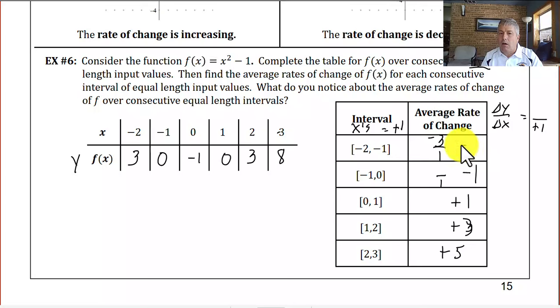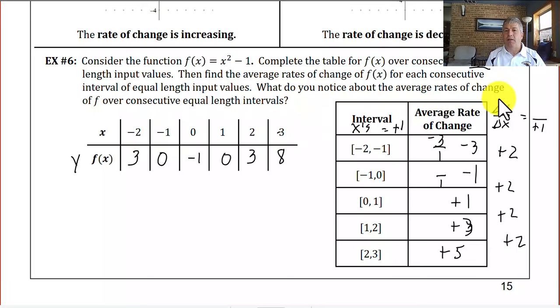So our differences in each one of these, -3 to -1 to +1 to +3, each one of these has a change of +2 units. So the change in our rate of change is a constant. It's +2. And that answers our question.